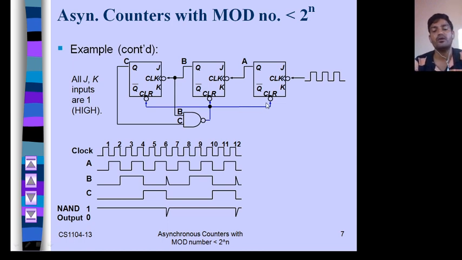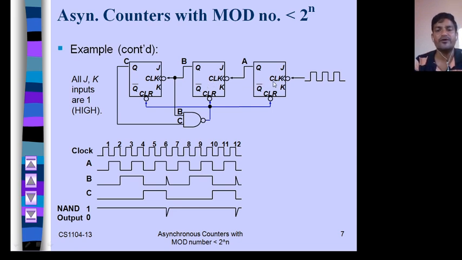Now when its value is 1 1 0, both inputs of the NAND gate are high. 1 into 1 is 1, and 1 complement is 0. Now all the clear pins will be activated, so the value of each output will be 0.